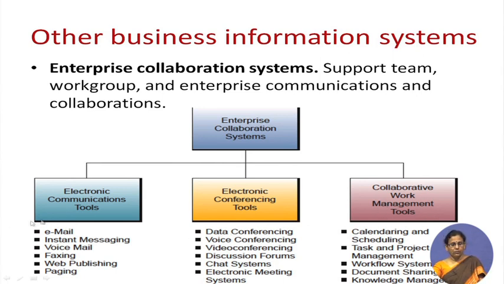Within electronic communication tools you have emails, instant messages, voicemails and so on; within conferencing tools you have video conferencing, audio conferencing and chatting systems; and within work management tools you have scheduling systems, task management systems, workflow systems and so on.